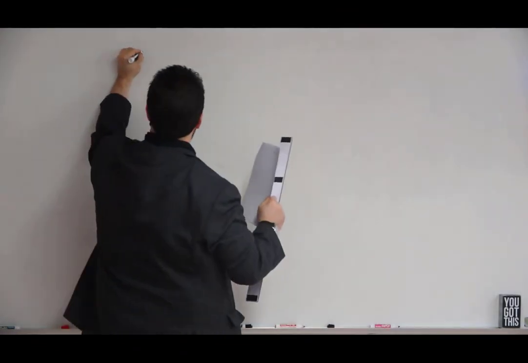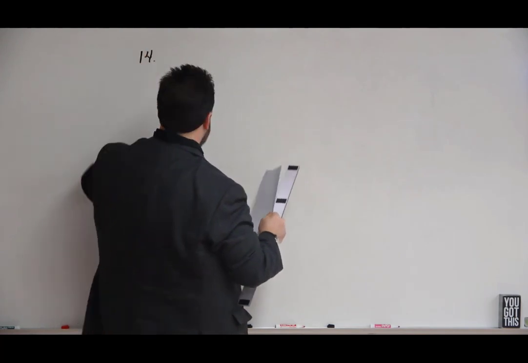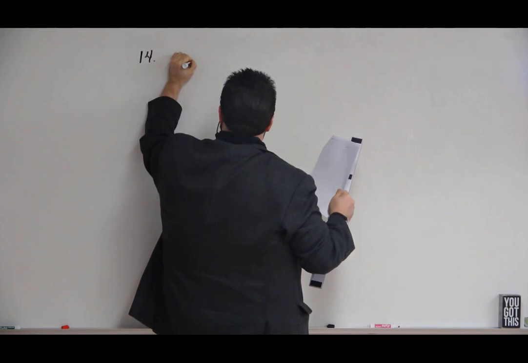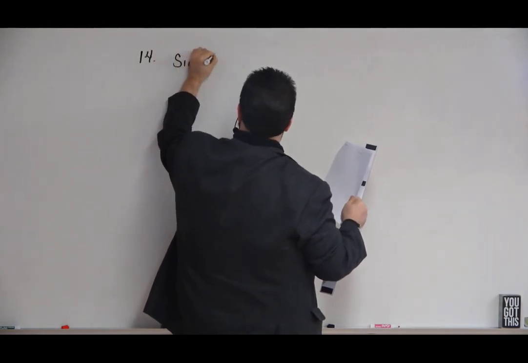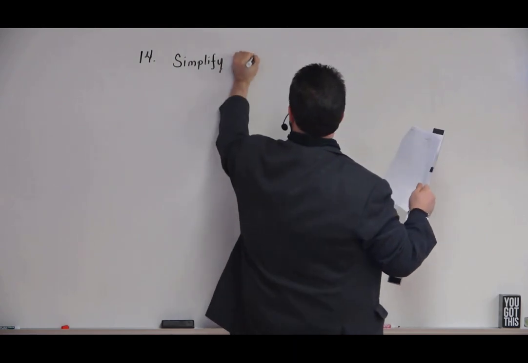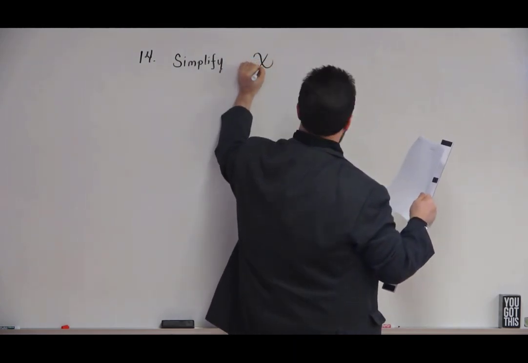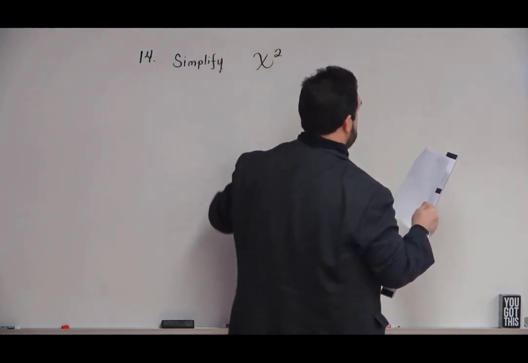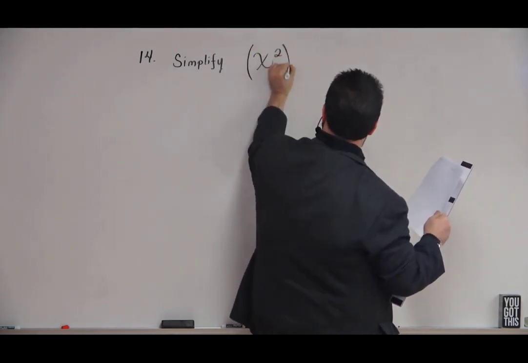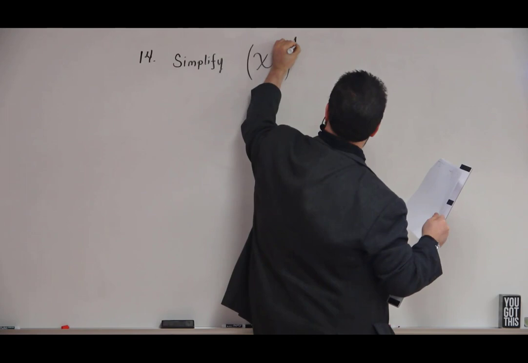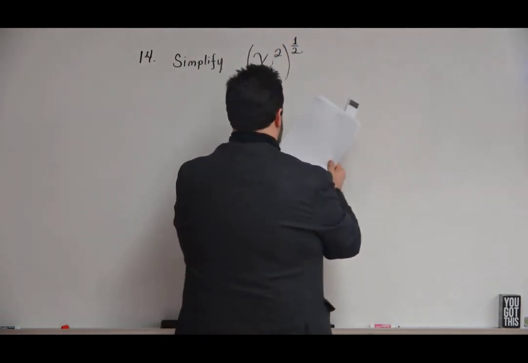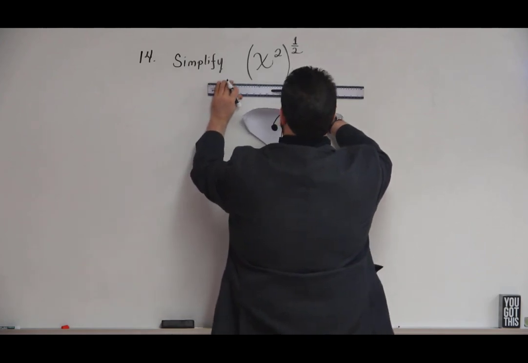Now 14. Here's 14. Simplify. And then we have x squared, and that whole thing is raised to the power of 1/2. And then we have a fraction bar, which we better draw with a ruler.